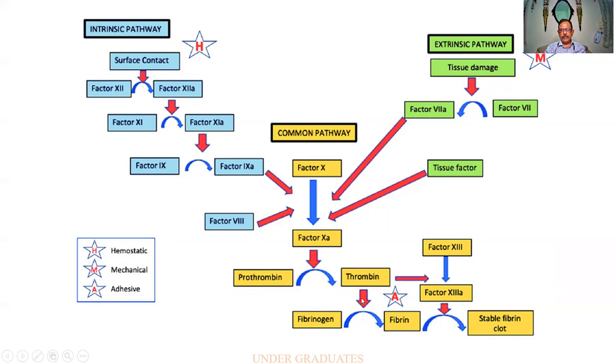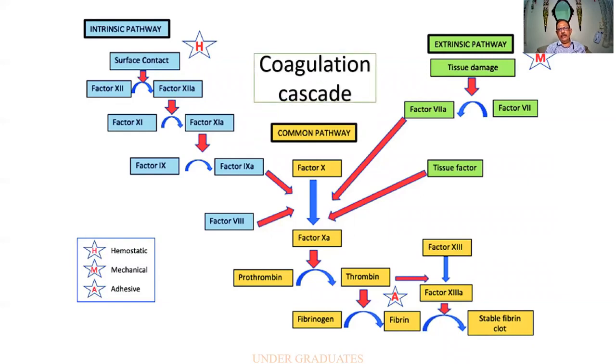I would appreciate you people very much if you can reproduce this coagulation or clotting cascade. Cascade is a very important word. Recently, in another context, a metastatic cascade was asked as a question and the students fumbled a little bit. So please do memorize it. There is a lot of importance.